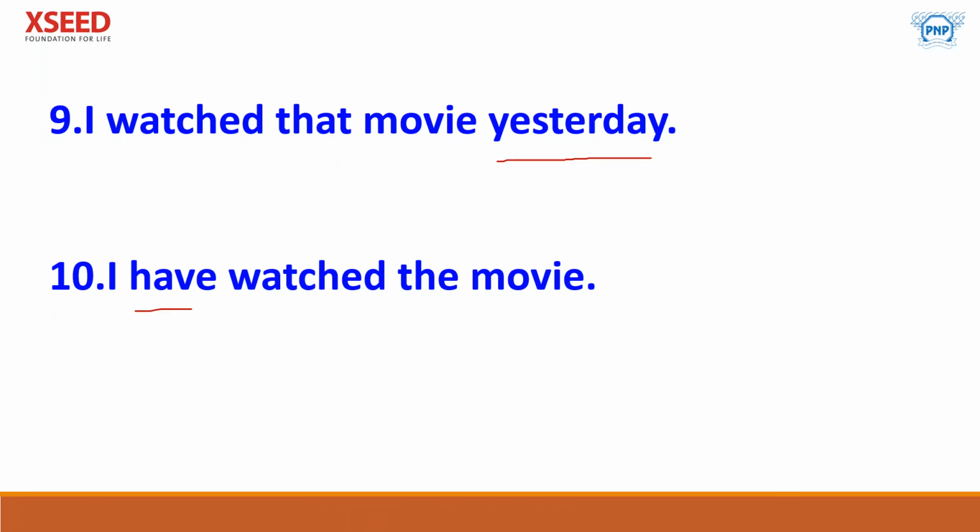Here they have not given an exact time. When the precise or exact time of action is not known or important, then we can use present perfect tense. Here the precise time of action we don't know. So here we use present perfect tense.